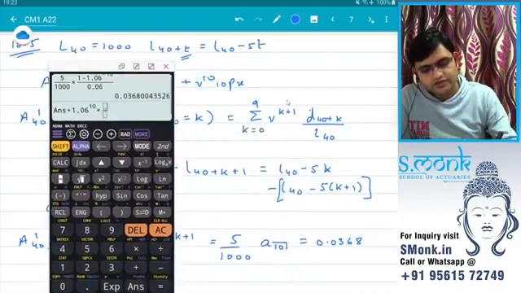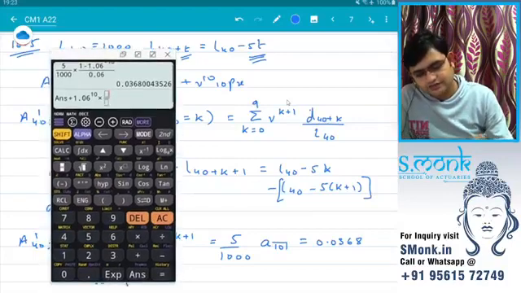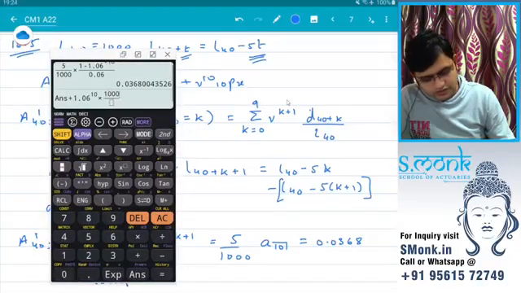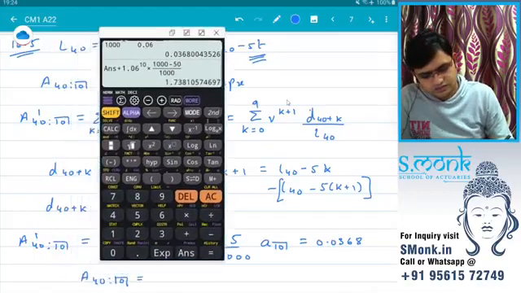If I put t equal to 10 here, to find L50 I will have 1000 minus 50, 1000 minus 50 on 1000. So in total we have 1.738.